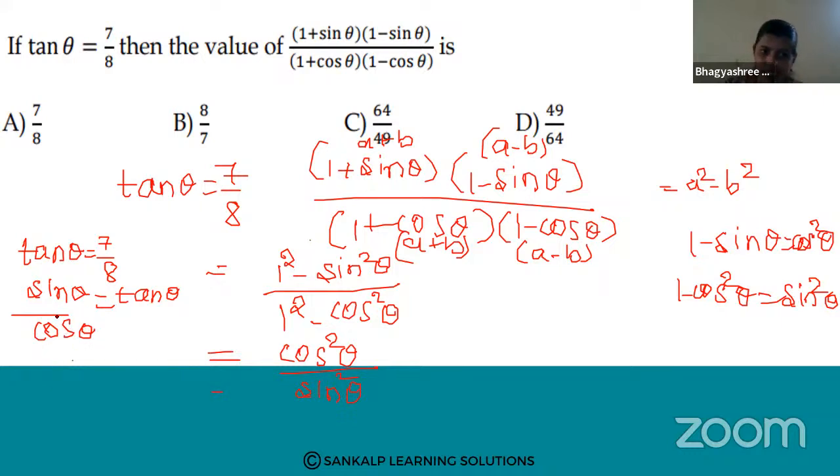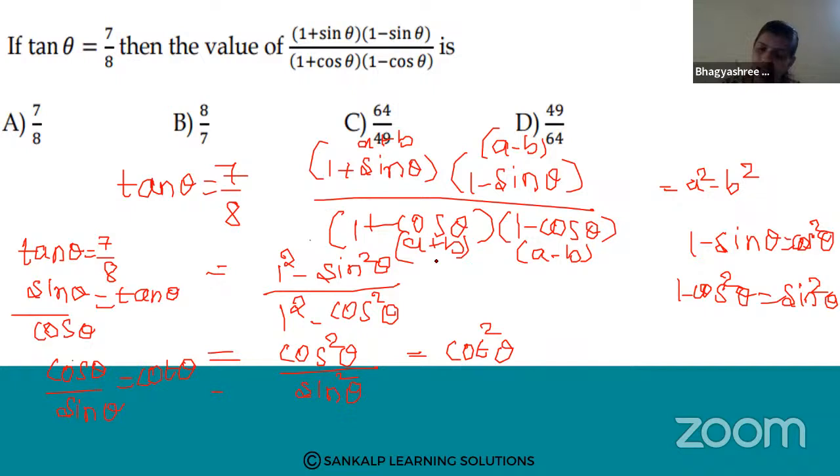Sine theta divided by cos theta is tan theta. If I get cos theta divided by sine theta, then it is cot theta. Tan theta is the opposite of cot theta. So cot theta means cos theta divided by sine theta, and here cos square theta divided by sine square theta is cot square theta. Right?